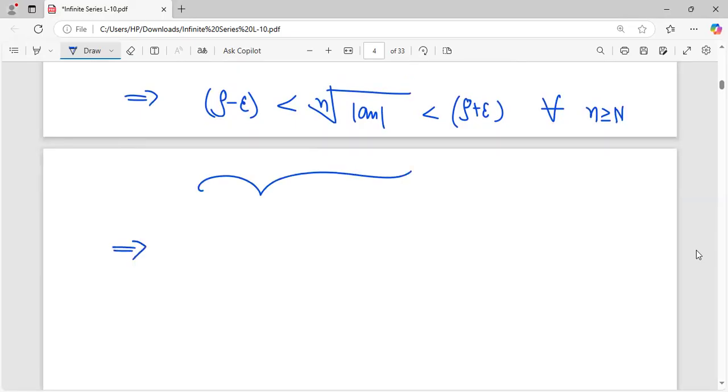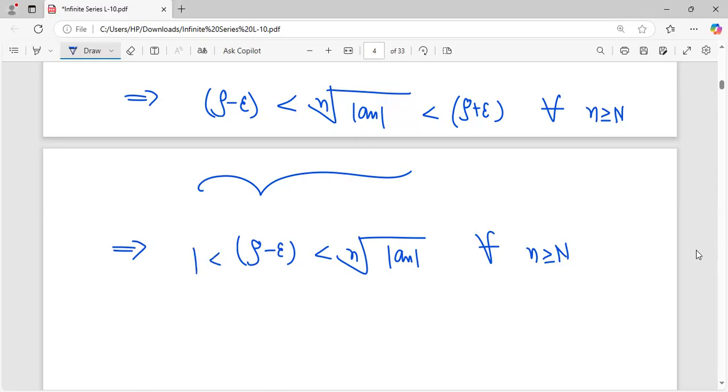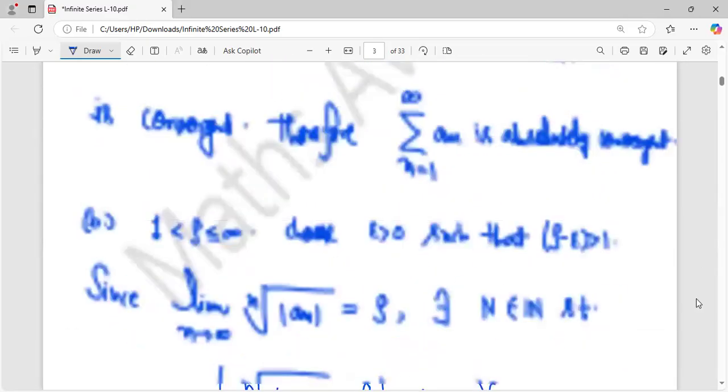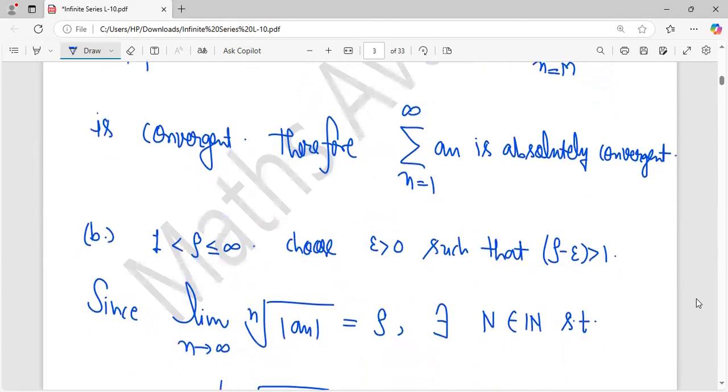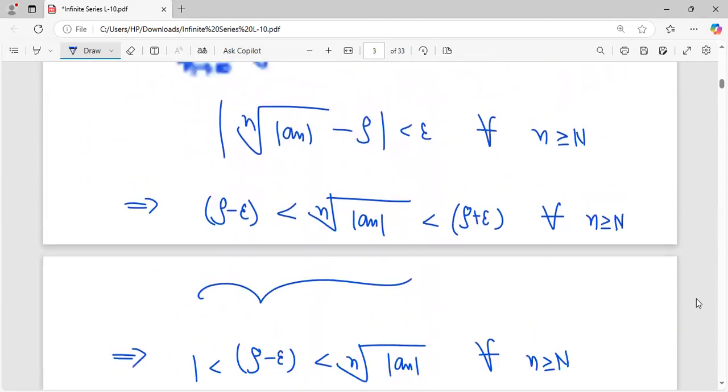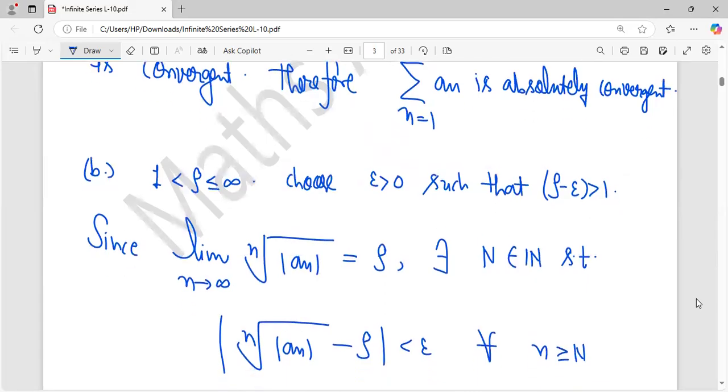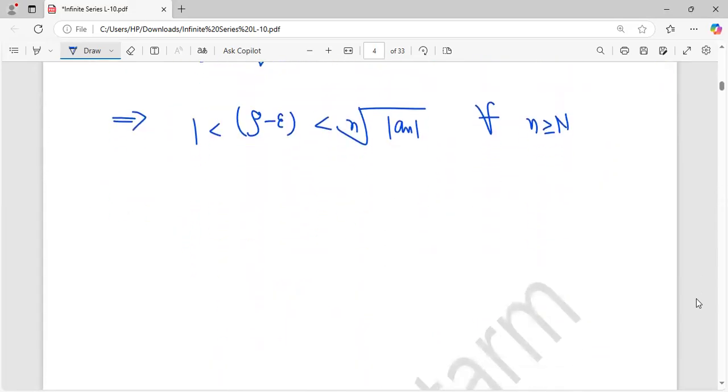Taking this much part, but this is greater than 1, because of the choice of epsilon and rho is greater than 1. We choose epsilon greater than 0 such that rho minus epsilon is greater than 1.